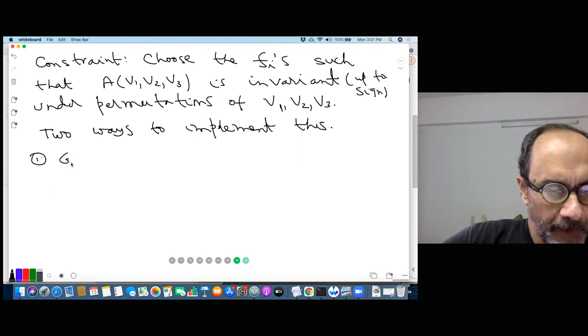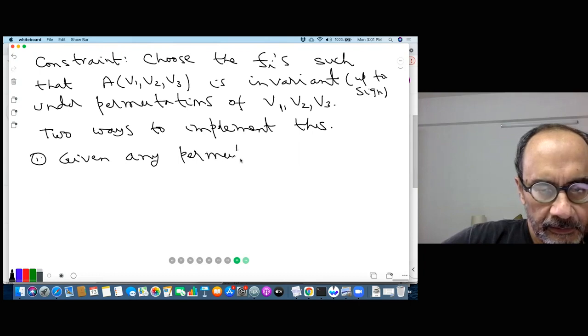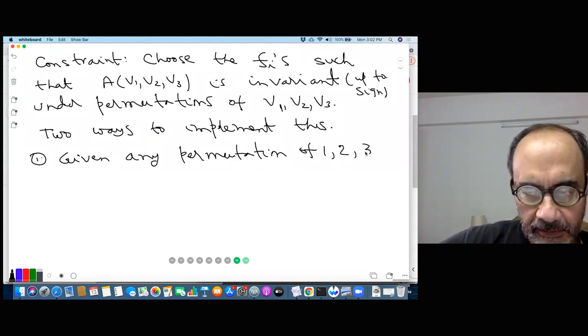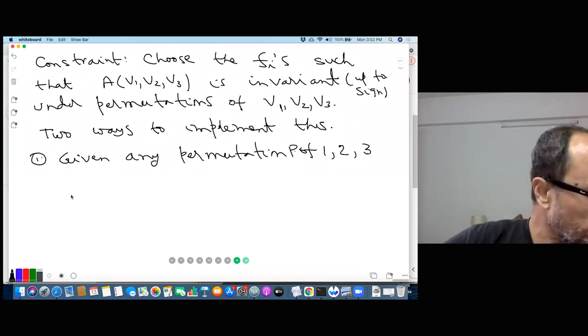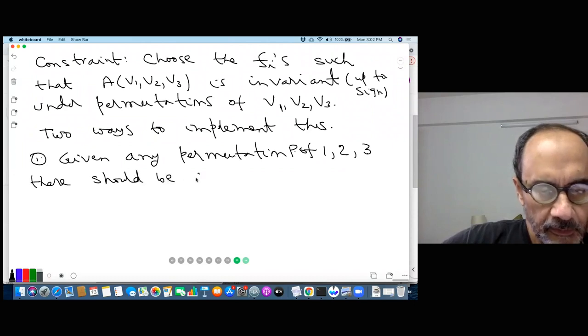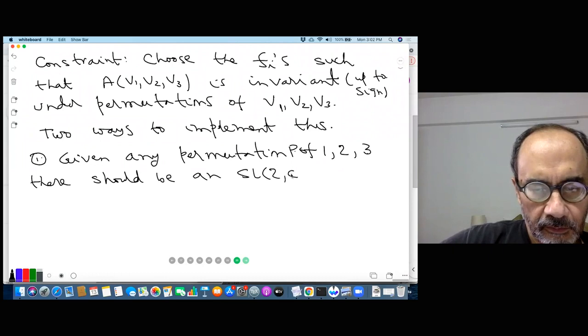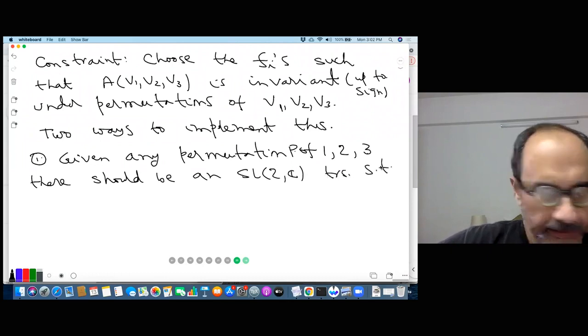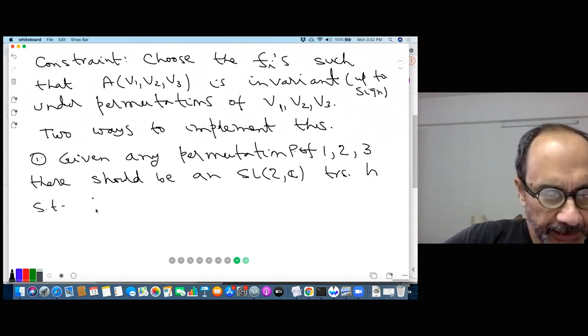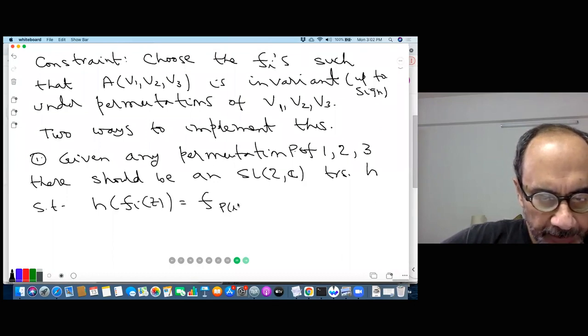So the first way is that given any permutation P of 1, 2, 3, there should be an SL2C transformation, let me denote it by H, such that H of f_i of z is f_{P(i)} of z.